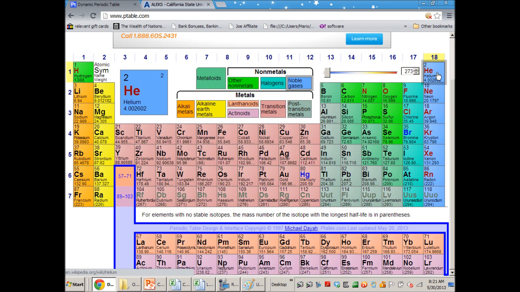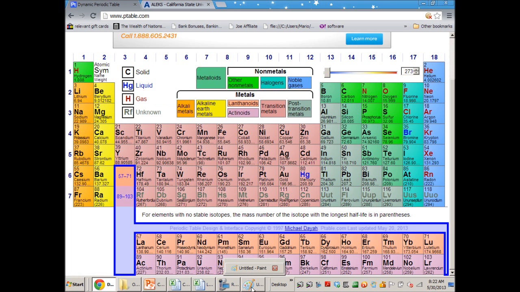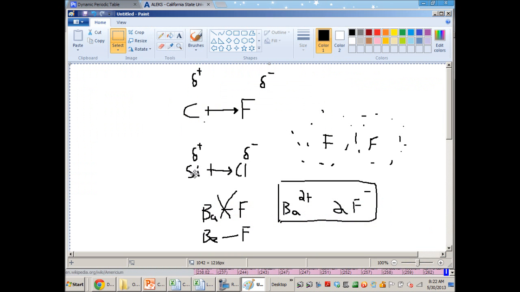If you look at the periodic table, you can see that we have 1, 2 electrons possible to fill up here. On the second row, you have as many as 8 valence electrons that could be populated around a nucleus. It gets a little trickier after the second row. I'll show you why it's trickier right now.